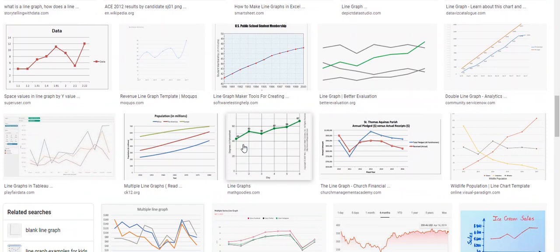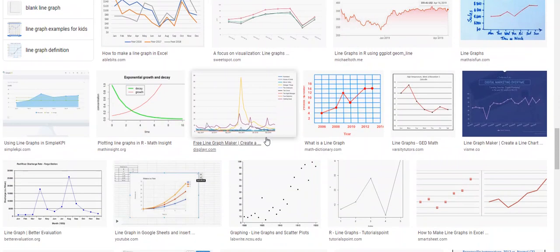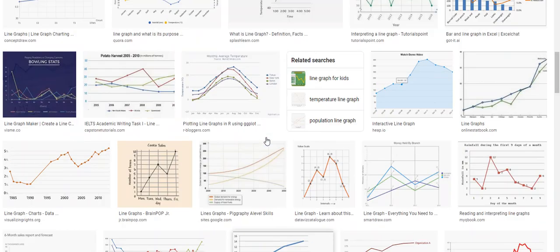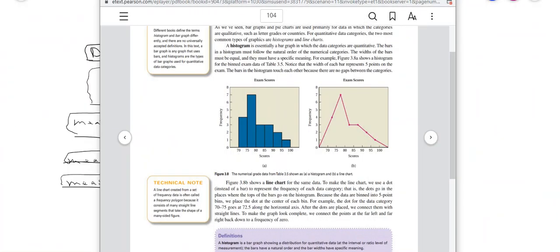You always have to think, what am I trying to get across to whoever I'm sending this report to? And then you think about the different graphs and you decide which one helps you communicate most effectively what you're trying to get across. So definitely line graphs are good for multiple comparisons. Histograms are not.